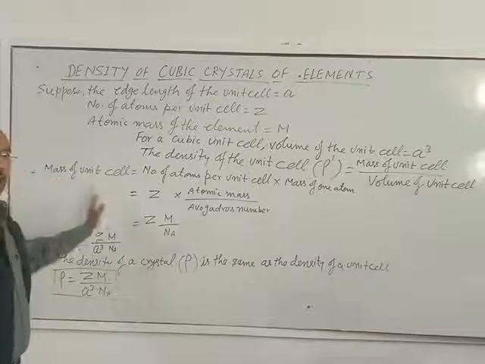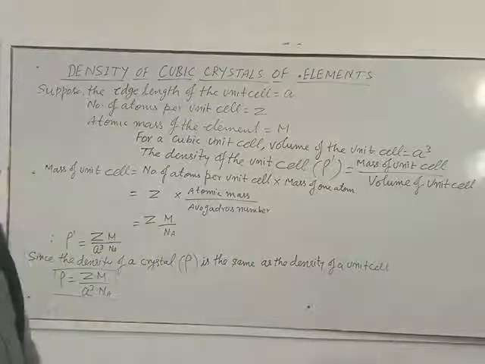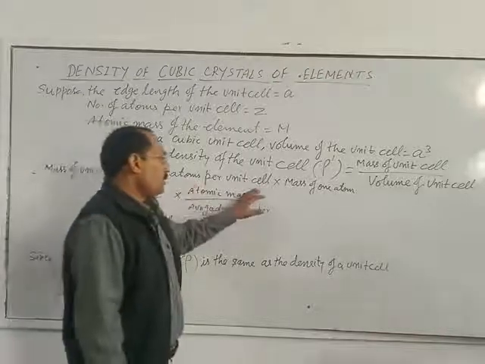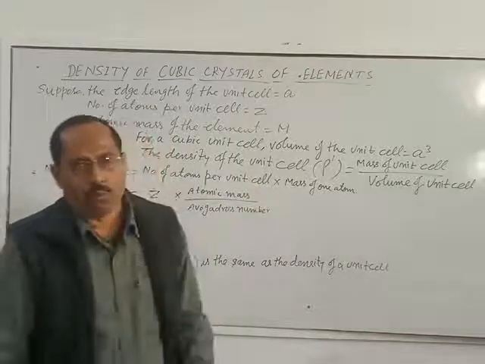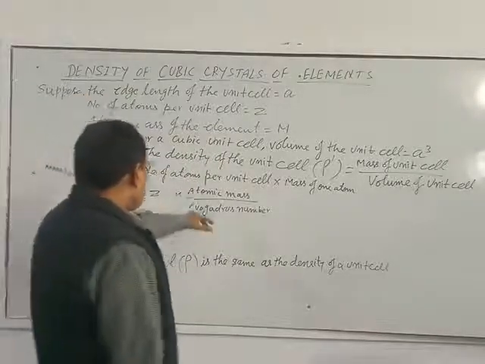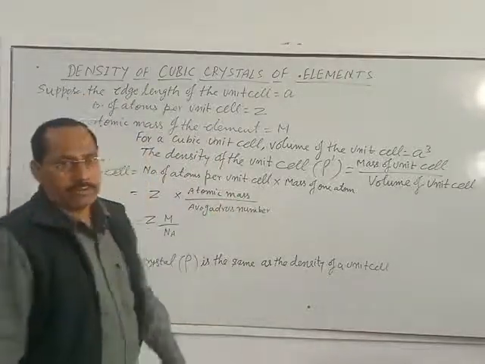And how to calculate the mass of unit cell? Mass of unit cell equal to number of atoms per unit cell multiplied by mass of one atom. And the mass of one atom is equal to atomic mass by Avogadro number.